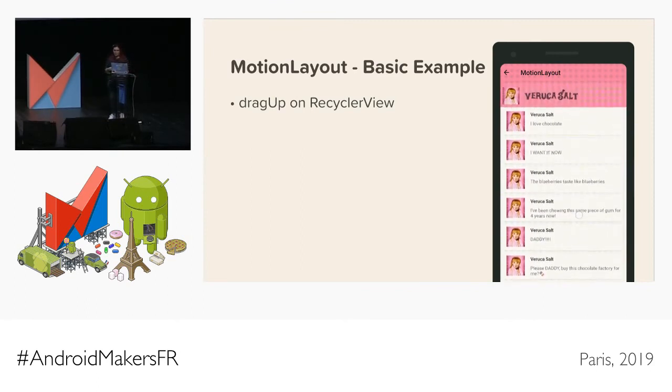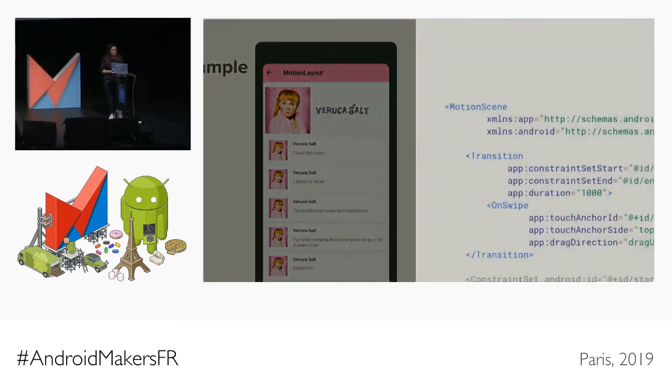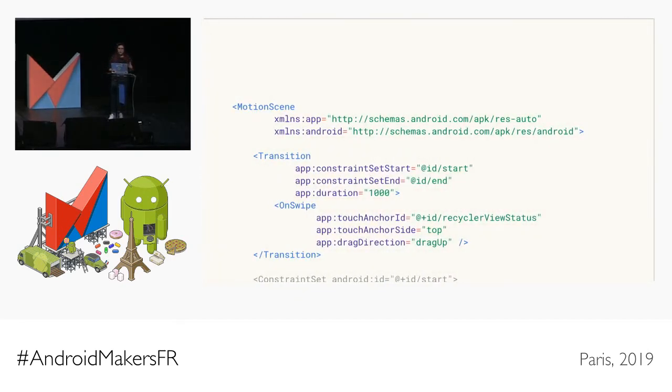There was no code written for this, but the MotionLayout scene that we created is quite simple in that it only has a few custom properties that we set. This is a motion scene file you create and put within your XML folder, and within your original layout, you reference this motion scene that you've created.